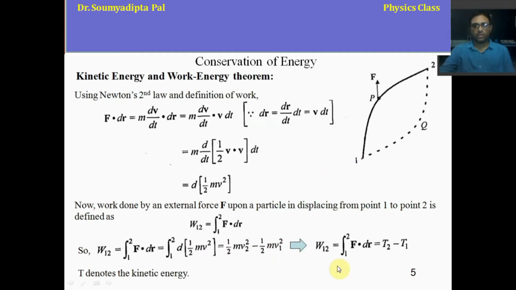So T2 is the kinetic energy at point 2 and T1 is the kinetic energy at point 1. You can see the change of kinetic energy is basically the work done on the particle when it is moving from point 1 to point 2.